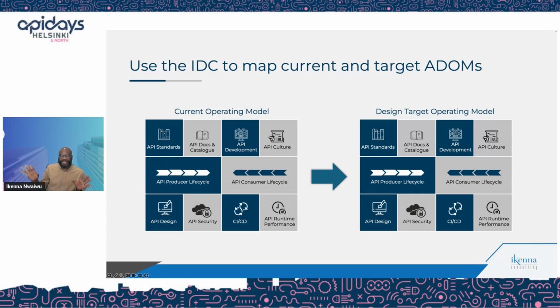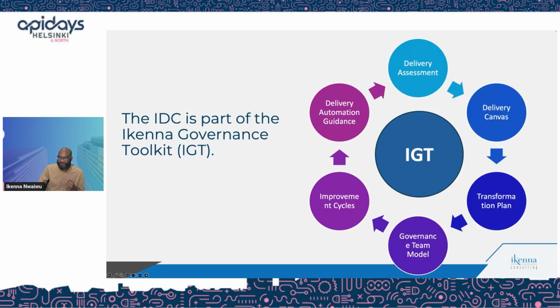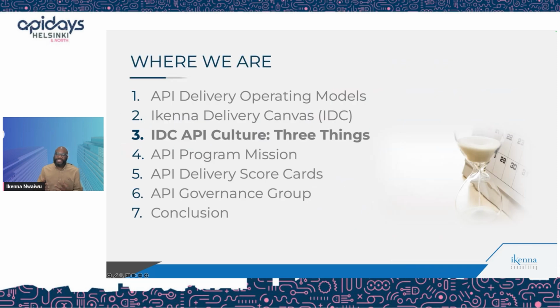We can use this as a way to set improvement goals for governing our platform. I'll just quickly mention that the IDC is part of what I call my IGT, or governance toolkit, which comprises a bunch of things, but which I won't go into. This is just to say the IDC is part of a whole suite of tools that organizations can use to improve their governance.